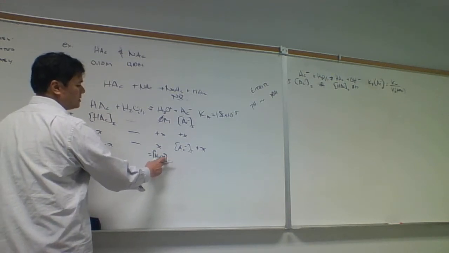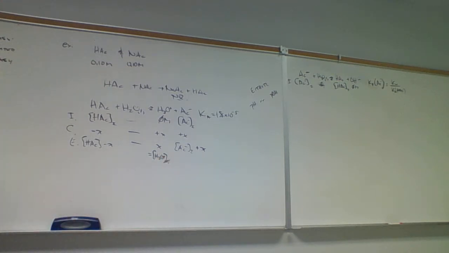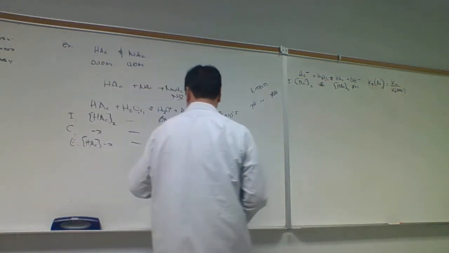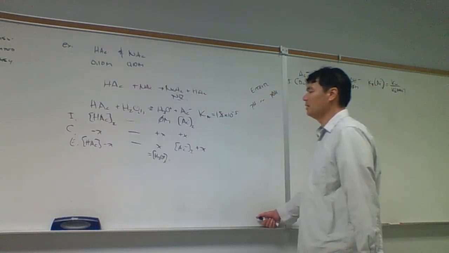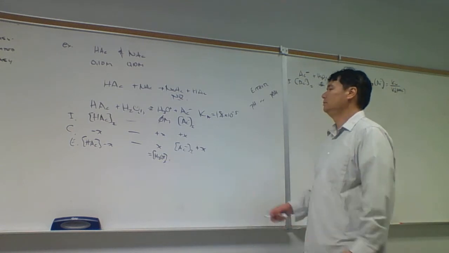Well, I can't say it's at this step, because we also have to worry about water. Water can add some additional hydronium. Equilibrium just means the final step here, but not total.